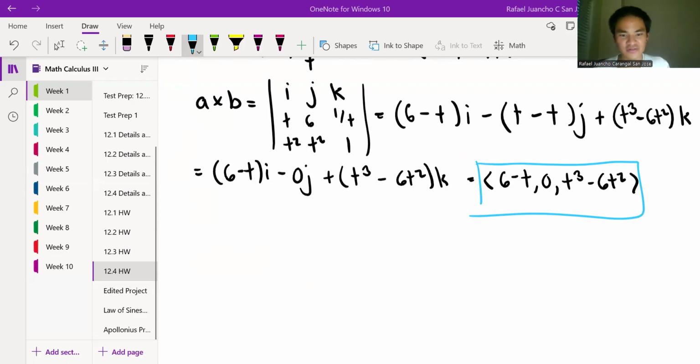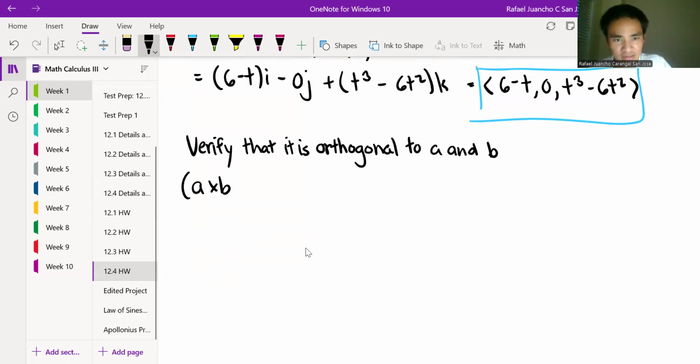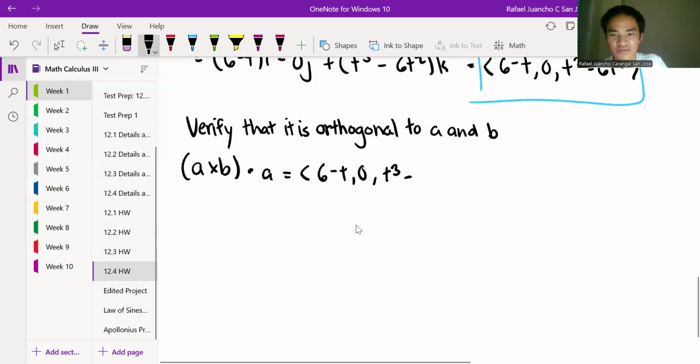Now I'm going to verify first that this is orthogonal to A and B. All right, so we're gonna try A. So 6 minus t, 0, t cubed minus 6t squared.